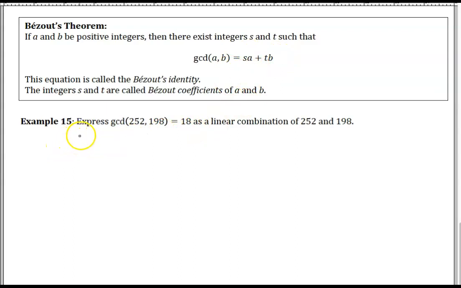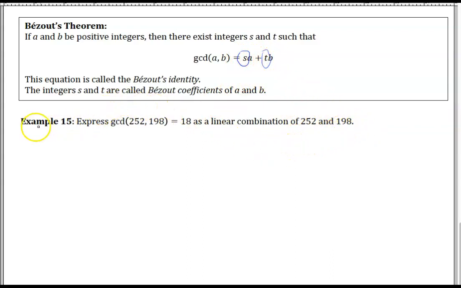Okay, so in example 15, we're going to express the GCD of 252 and 198, which we're given is 18, as a linear combination of these two original integers. So we basically want to figure out what S and T are. How can I break up that 18 as a number times 252 plus another number times 198?